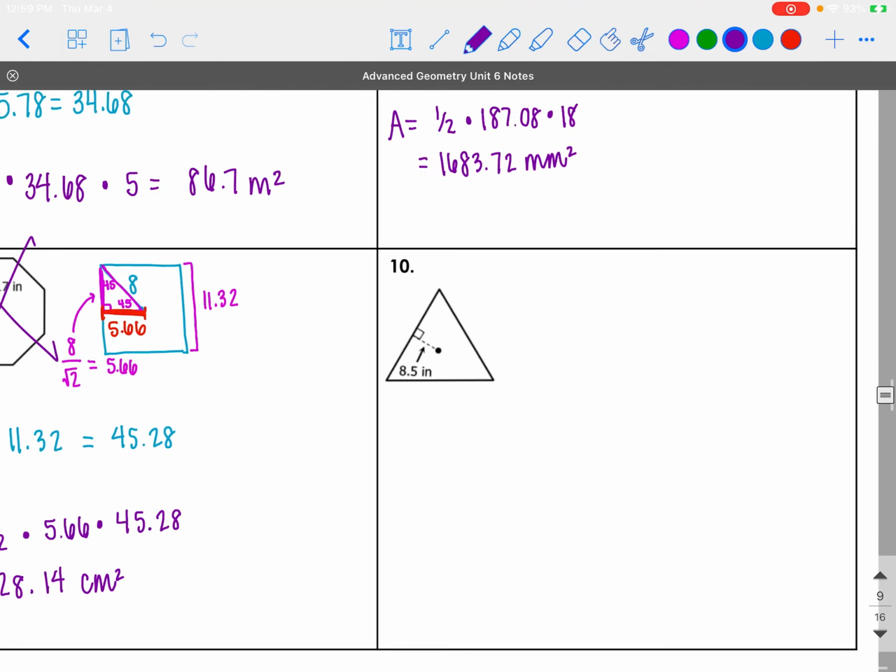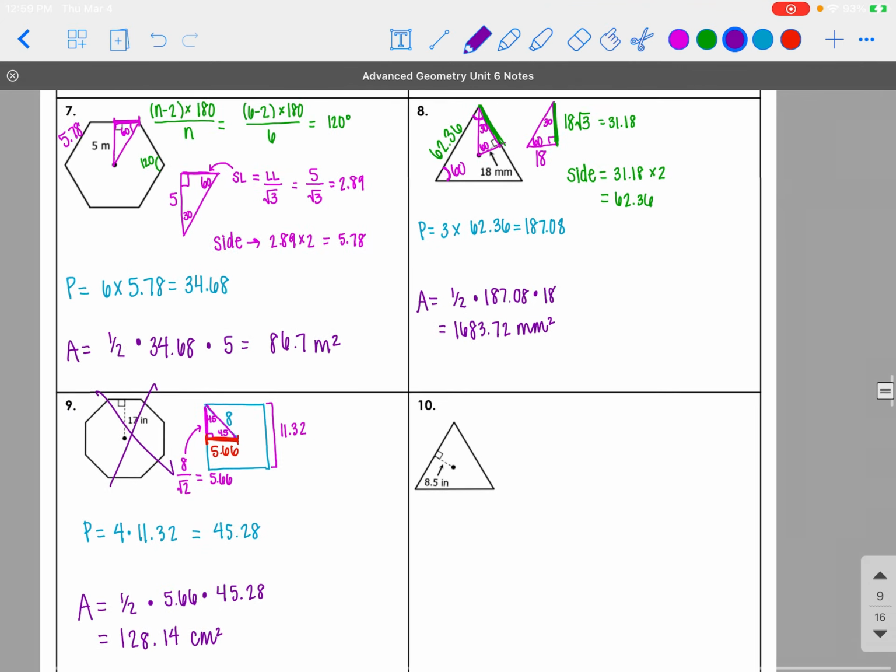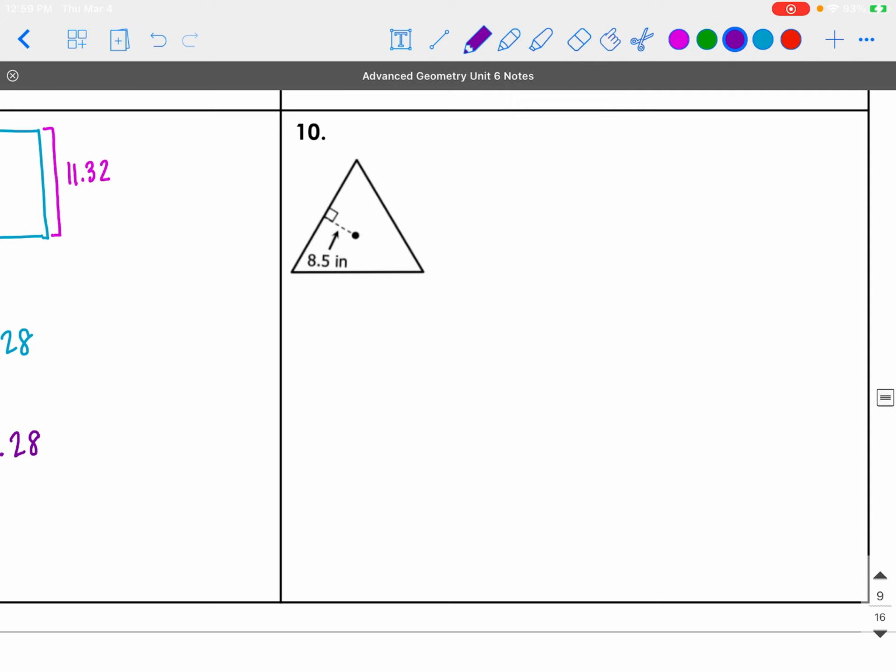All right, last question. It is just like number 8. So I want you to pause the video and try it yourself. All right, so on this one, you should have drawn a triangle. It would have been a 30, 60, 90. Short leg is 8.5.